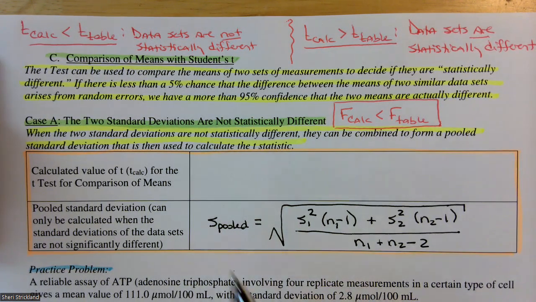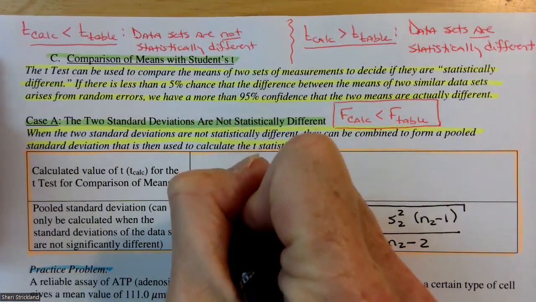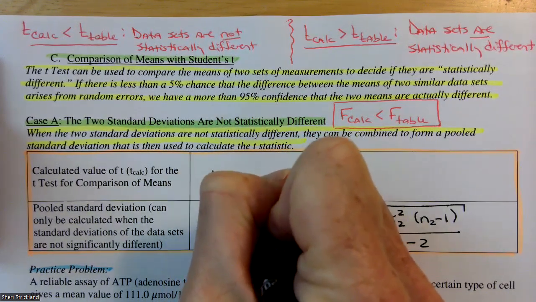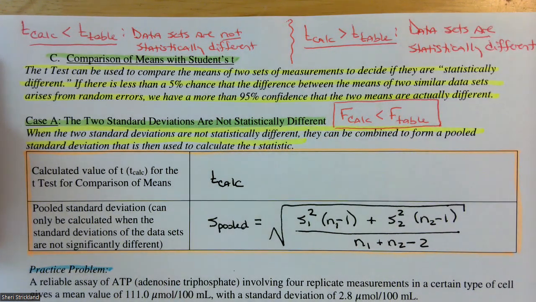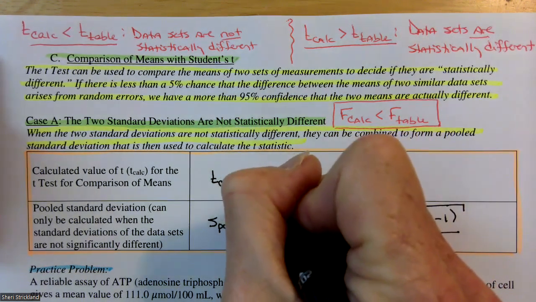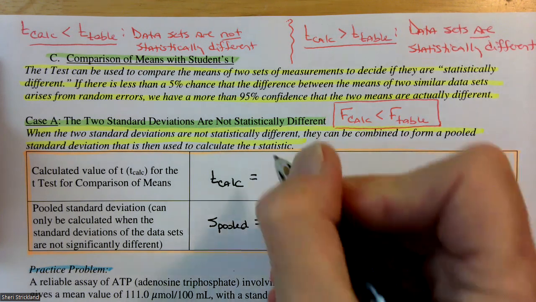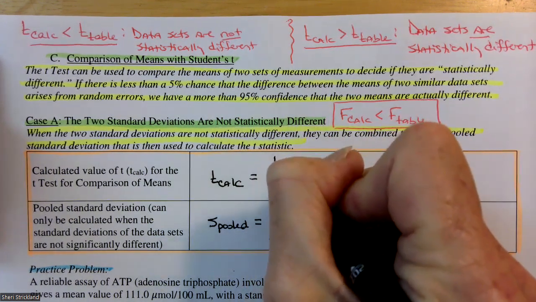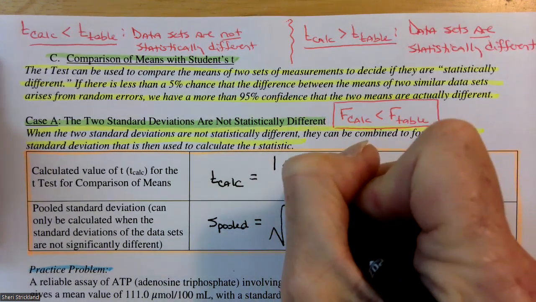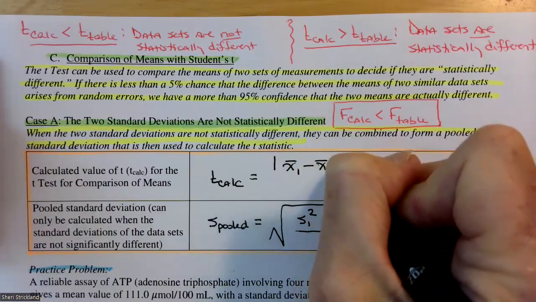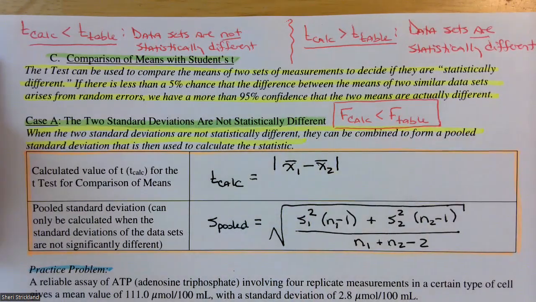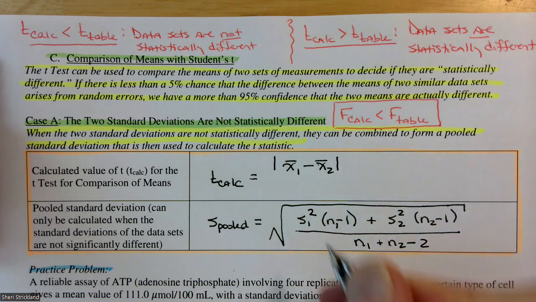This can then be used up here to find the calculated value for t. What we need is the difference between the two means, and we're going to put an absolute value symbol around it so the difference is always positive.